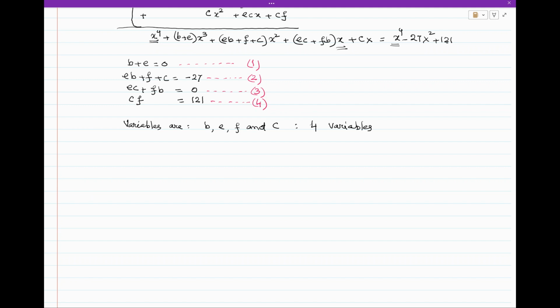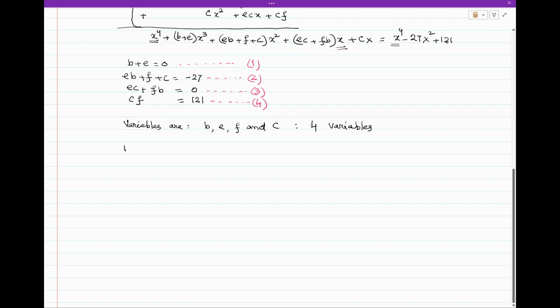And how many equations involving those variables are there? There are 4 equations. Now the principle is, if you have 4 independent equations for 4 variables, then we should be able to solve it. Let us now go ahead and solve it.